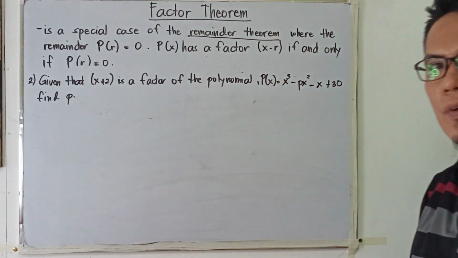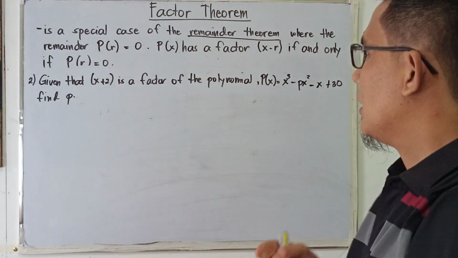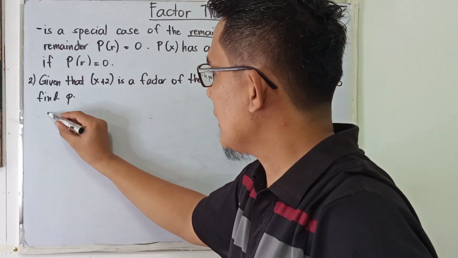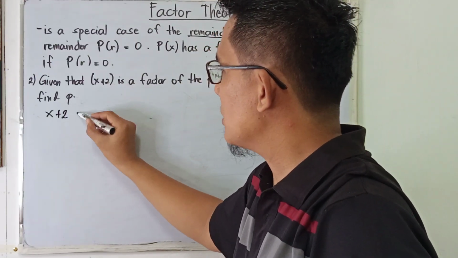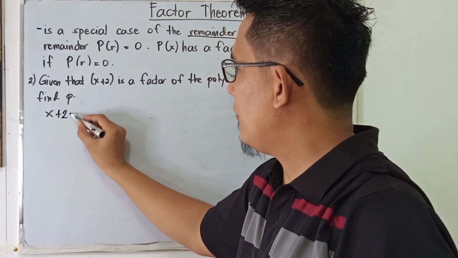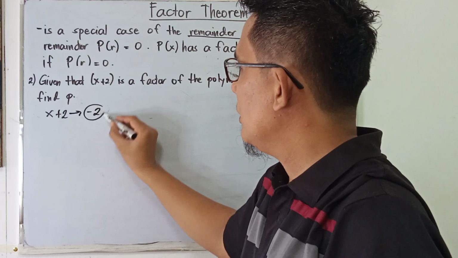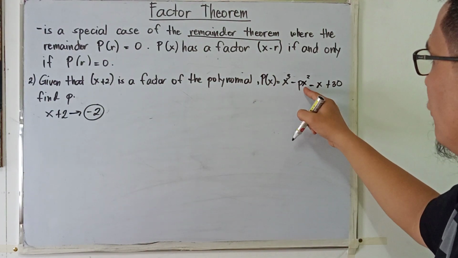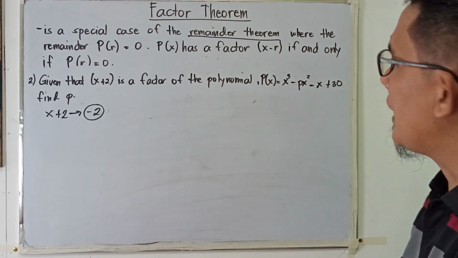How are we going to solve for that? Use x minus r, where x plus 2 now has a value of negative 2 to replace our x's, in order to solve for the value of p.